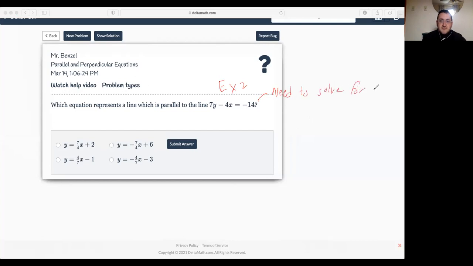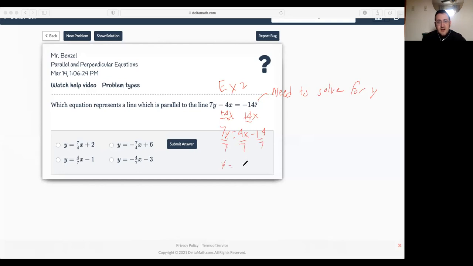for y. So I'm going to do that really quick. I'm going to add 4x to both sides, and then I'm going to divide by 7.